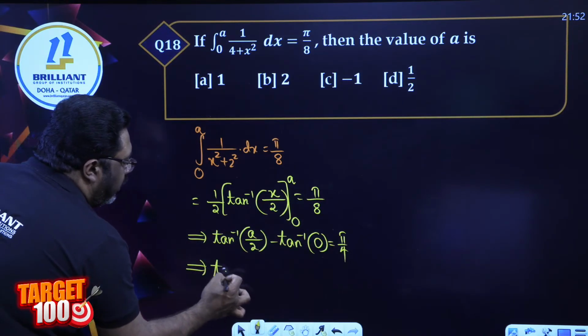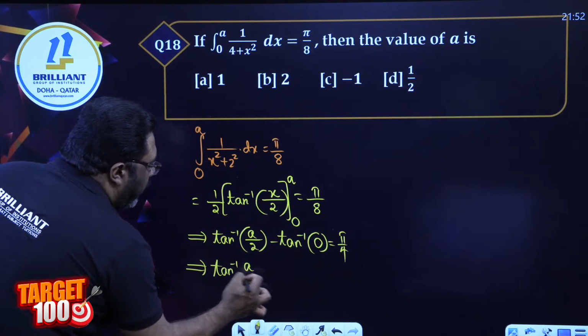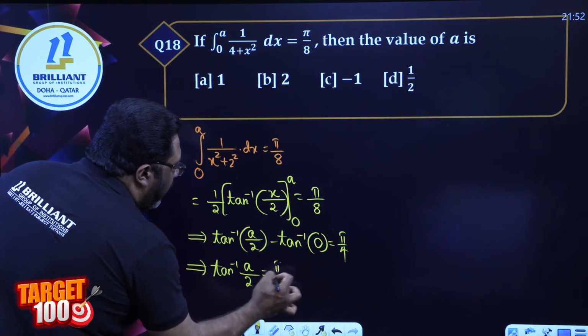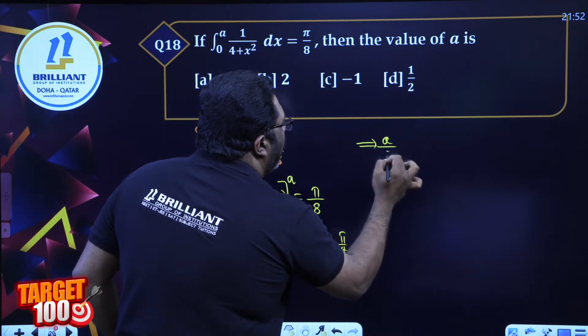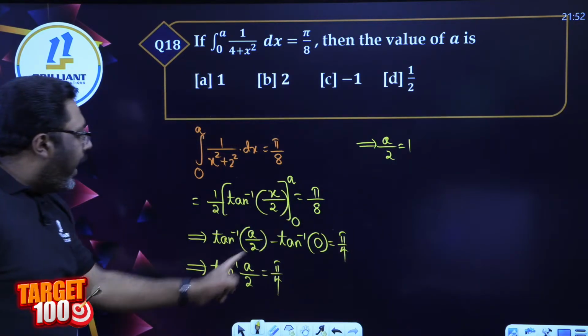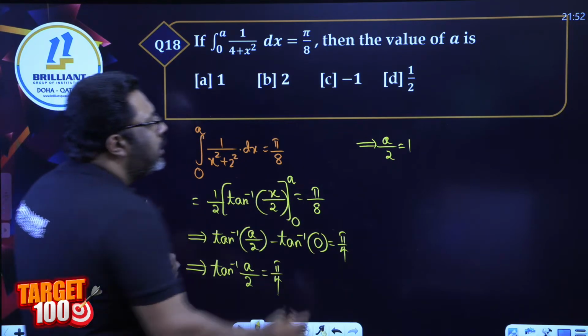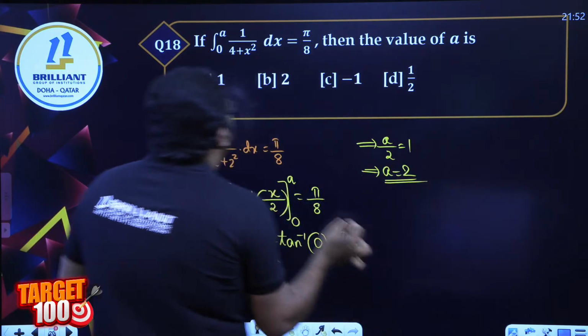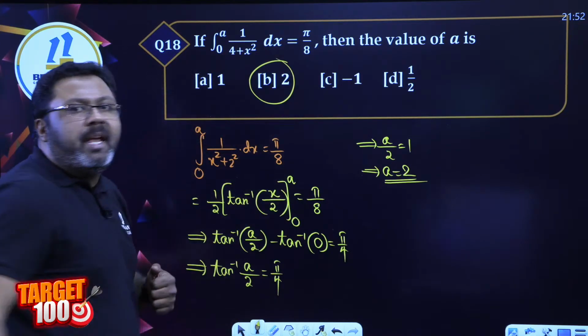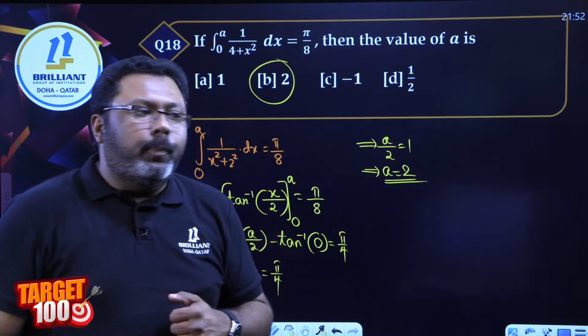So tan inverse a by 2 equal to pi by 4. No doubt, a by 2 equal to 1, because we know tan pi by 4 is 1. That implies a is equal to 2. A is equal to 2, option B.